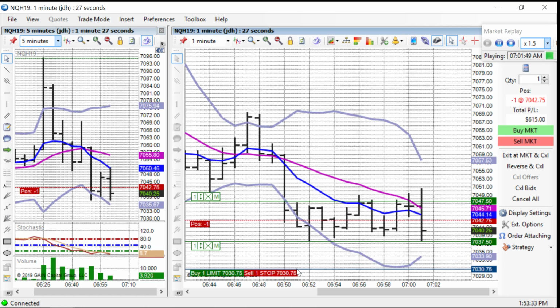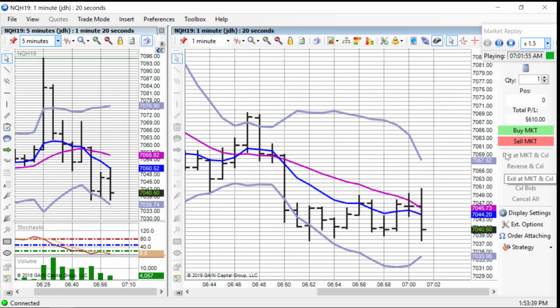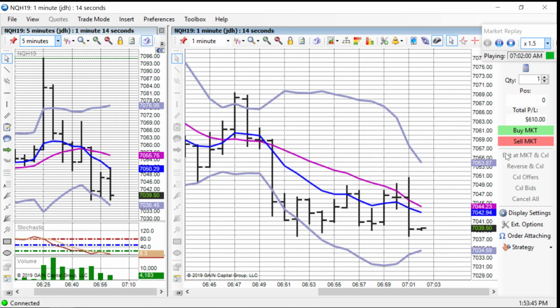So I kind of know it's a little bit of little tricks here. But I'm just going to exit out of that because I didn't feel good about if that was going to hit my target or not. It came close, but probably exited a little bit early.